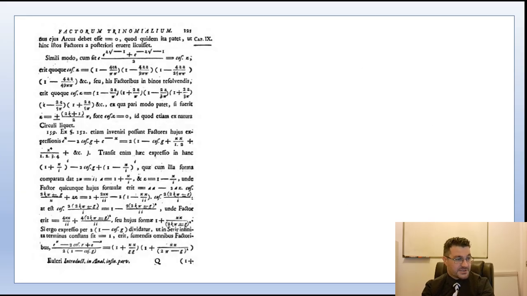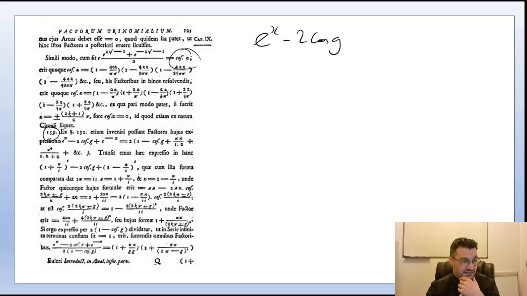And then what does he go on to do? Does the same thing for cosine. Using the result from section 157, does a very similar thing for the cosine function. Section 159, which I'm not going to go through, he looks at e to the power of x minus 2 cosine g plus e to the power of minus x.